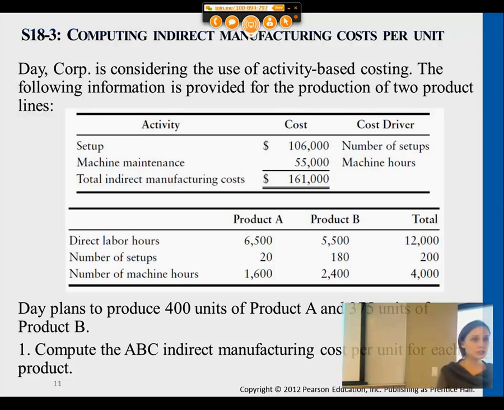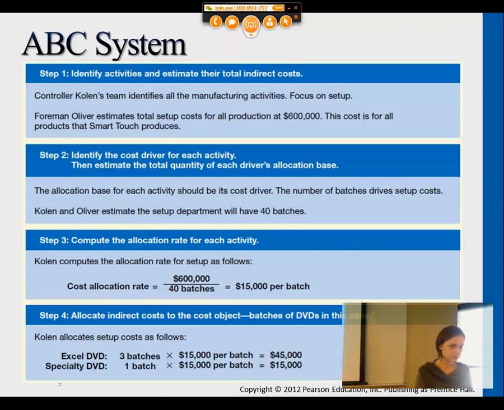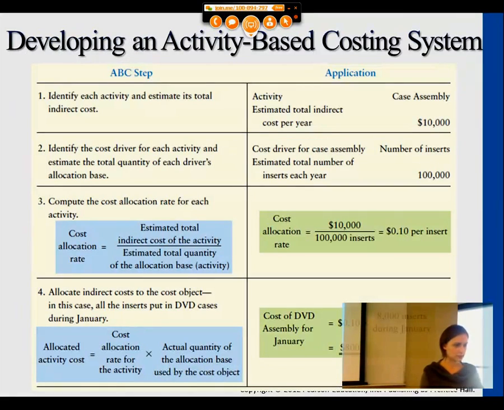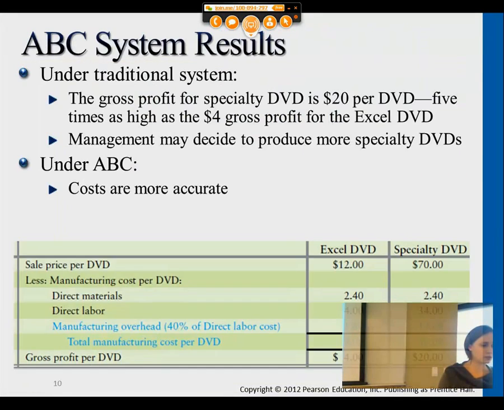Read this carefully and try to understand what they are asking. They want you to compute the ABC indirect manufacturing cost per unit, right? We just had the 4 steps, so go back to the 4 steps and do them one by one. The first step is to identify each activity and estimate total indirect cost.